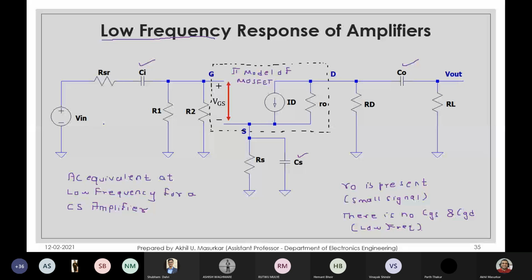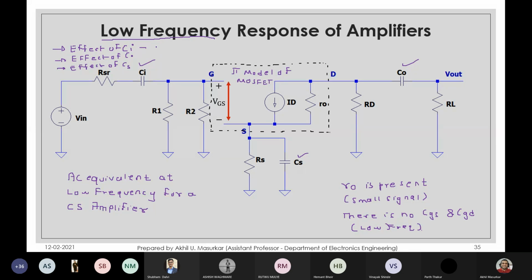So the frequency response will involve the effect of CI, the effect of C0, and third the effect of CS.